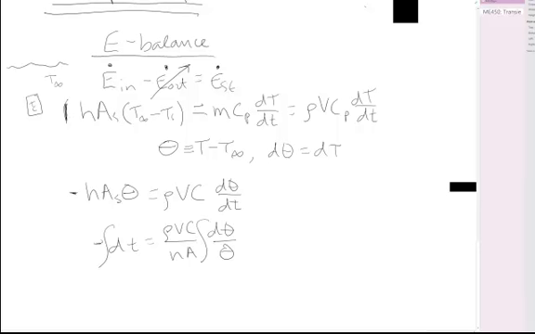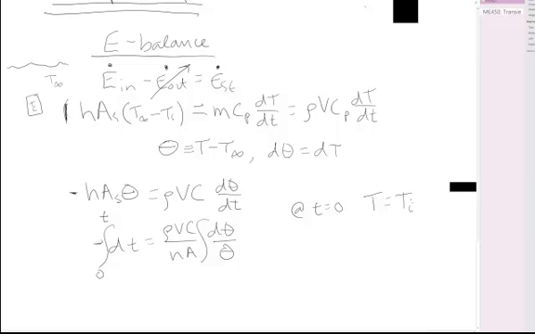If we integrate both sides, with integrals we have two choices. We can either do a general integral or an unbounded integral, that's when you get the constant of integration. Or you can have a bounded integral, and then you don't get a constant of integration because the integral is going between two very specific places. So let's take our integral from time 0 to some arbitrary time t. And let's assume that at time 0, the temperature of the object is some initial temperature Ti.